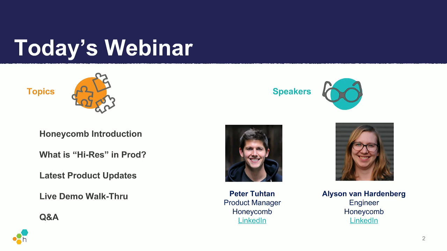So the topics that we're going to cover today: what we provide for customers, and helping organizations and teams practice observability, to ask any question of their production system. We will share with you what we mean by high-res in prod, so observing and debugging prod in high-res.